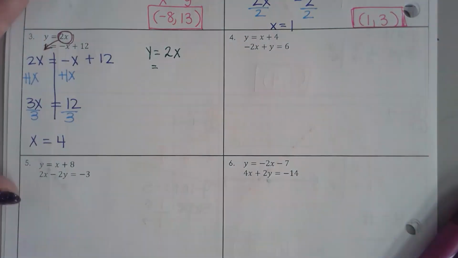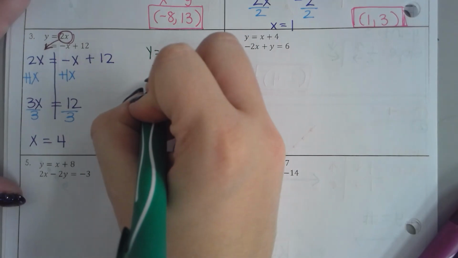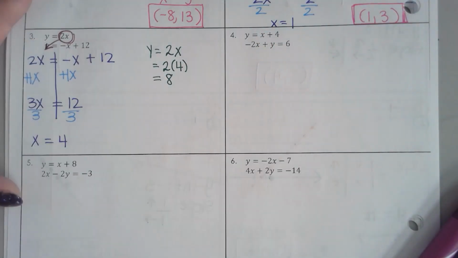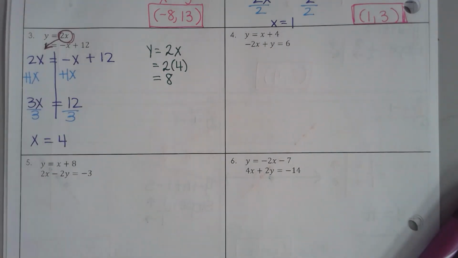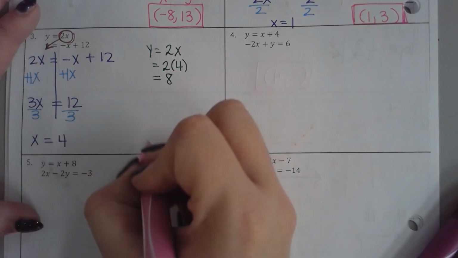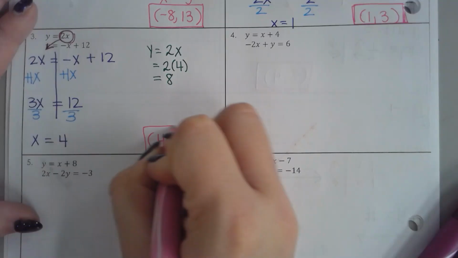What is my x? 4. So I can do 2 times 4, and I get 8. So my y value is 8, my x value is 4. So my solution is the point (4, 8).